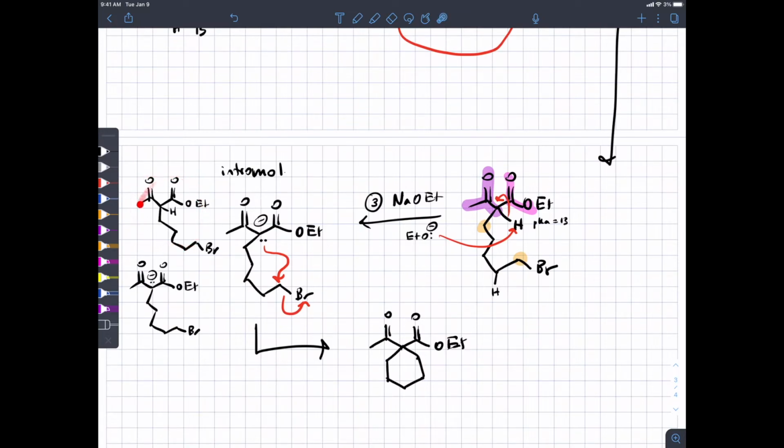If there were a large amount of this present, then I think what you're talking about might be a possibility, but the fact is there's none of this because with one equivalent of the base, we completely remove that proton. And once all of your beta keto ester is present in enolate form, the intramolecular reaction is going to be orders of magnitude faster than finding another.